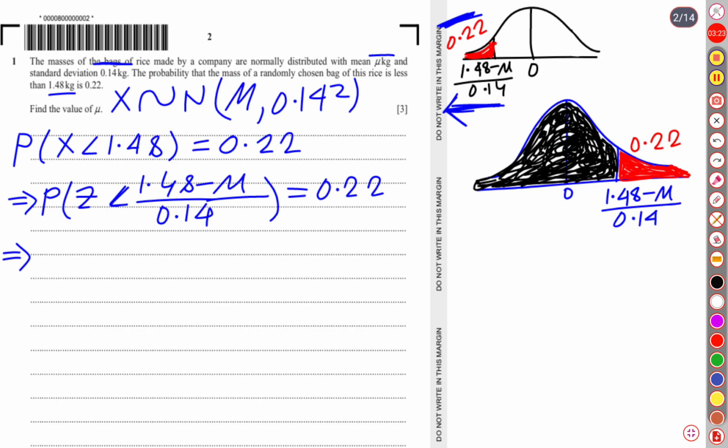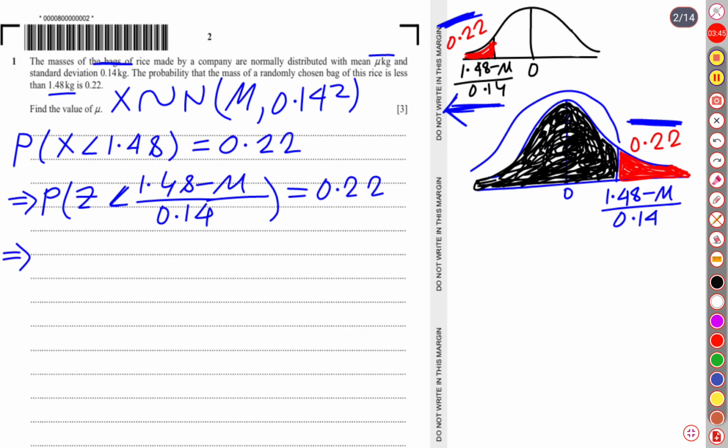For this portion, from the whole of the probability we will subtract the left part, the larger part. The left part is the dark shaded part. This part is to be subtracted from the whole of the probability.